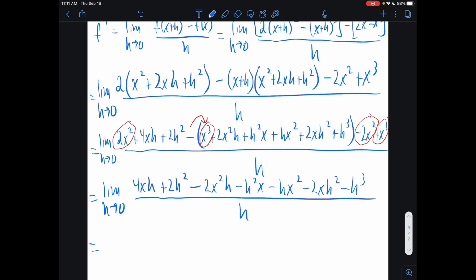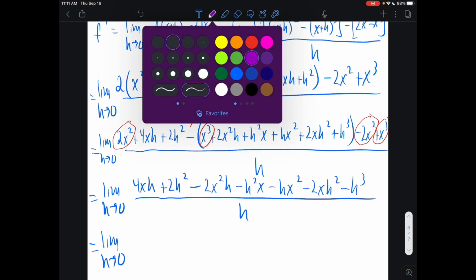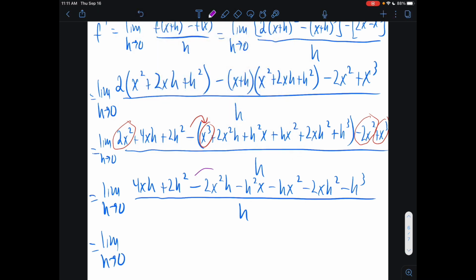So I'll do that. Like this negative 2x squared h will combine with this negative hx squared. I just have the products reversed. And in a similar fashion, the negative h squared x will combine with the negative 2xh squared, and that'll be it.